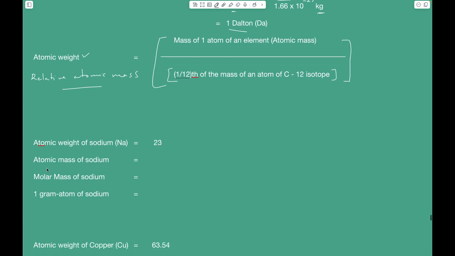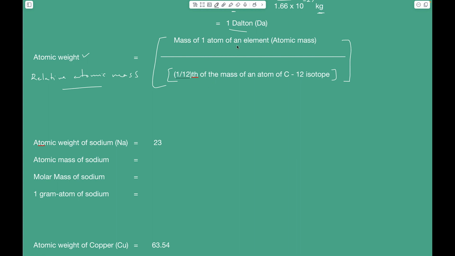Now the question is, what is the atomic mass of sodium? Remember, atomic mass is the mass of one atom of the element. So the atomic mass of sodium is the mass of one sodium atom. It represents the physical quantity called mass, so it must be expressed in some units of mass.